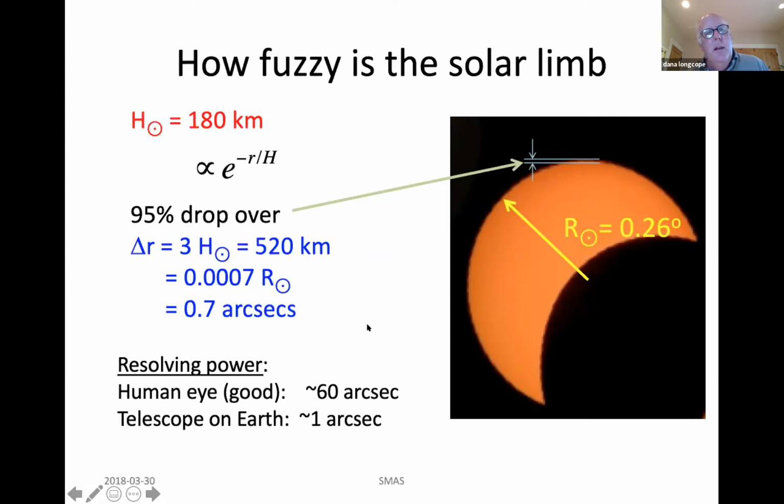That's an angle way too small to resolve by the human eye. It's bordering on too small to resolve by a telescope on Earth without adaptive optics. 1 arc second is the best you can do on the best day at the best site under the Earth's atmosphere, so you can't resolve how thin the photosphere is.